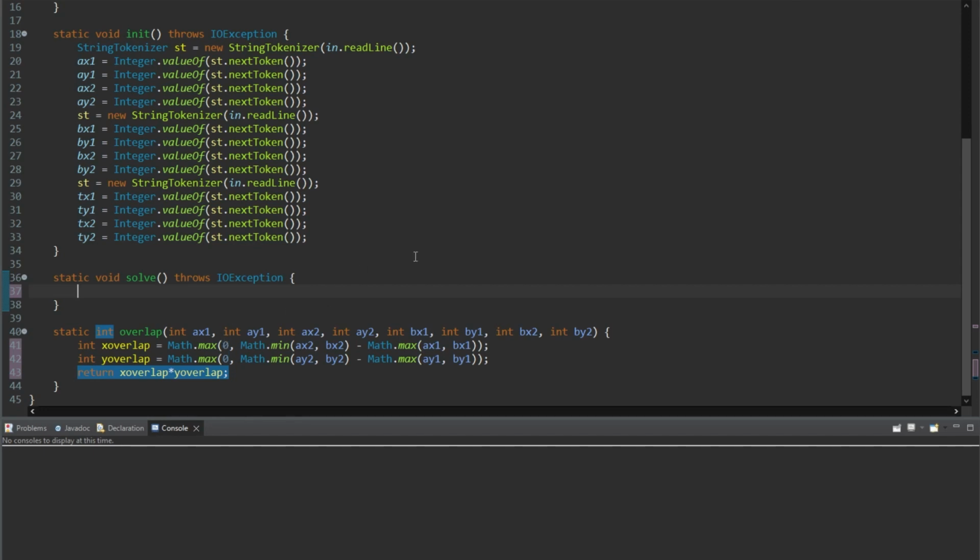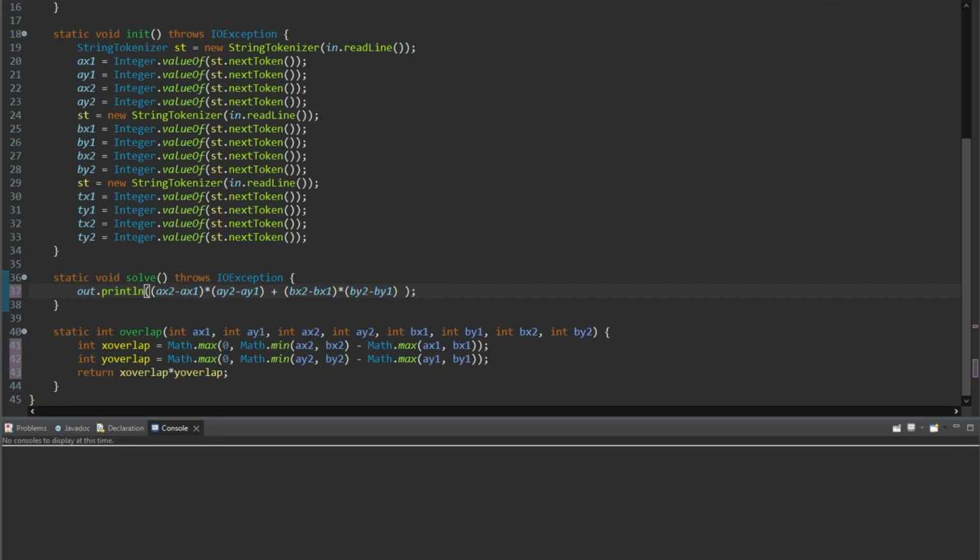So for our solve method, we realistically only need one line. It's going to be just a print line with our answer in here. But like I said, let's first calculate the area of the two rectangles. So it's going to be (ax2 minus ax1) times (ay2 minus ay1) plus (bx2 minus bx1) times (by2 minus by1). This is going to find us the areas of the rectangle billboards.